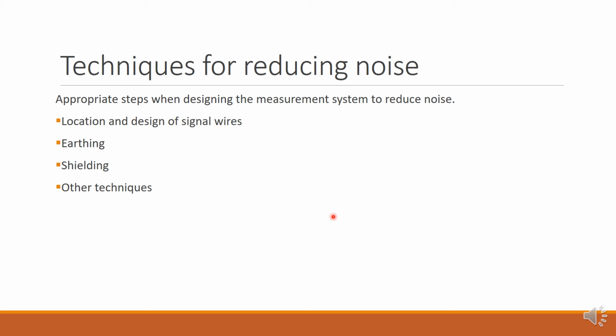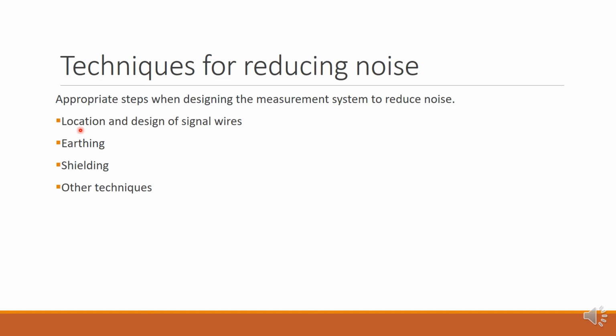We need to prepare our measurement system so that it can avoid certain noise, though for example external noise will still remain, as there is no choice. There are some techniques for reducing the noise.